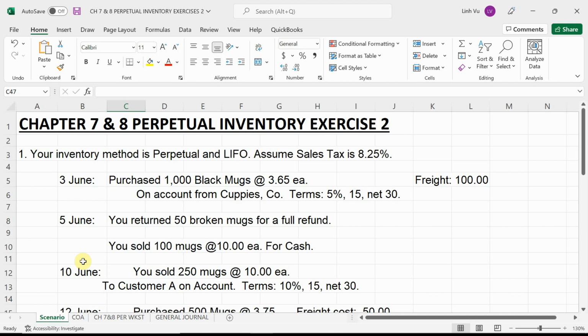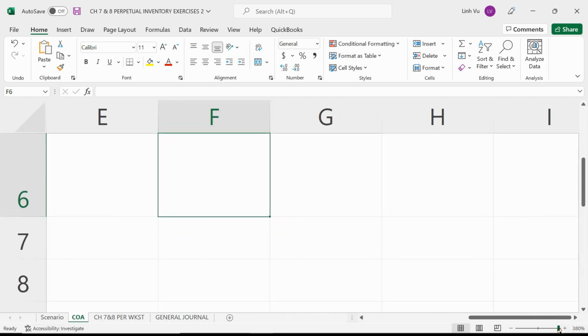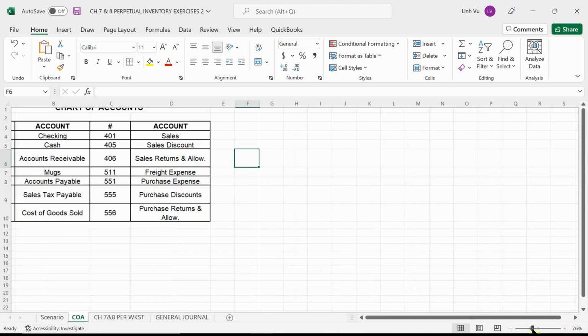I need to journalize this transaction first. Here I've also included a chart of accounts to help you determine what accounts you need to be using for this transaction.